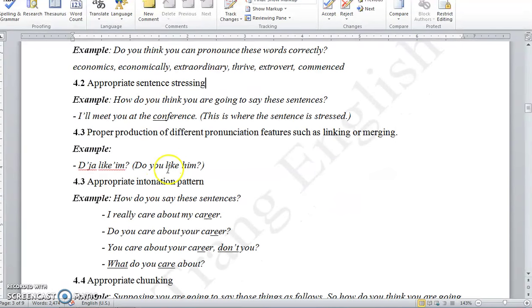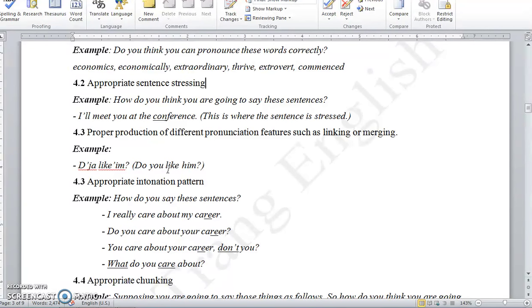The next pronunciation features you should pay attention to are merging and linking. I think you understand linking very clearly. For example, you say "thank you," you link "thank" and "you" together, and this is linking. But merging means two words or two sounds are merged together, combined to make a different sound.